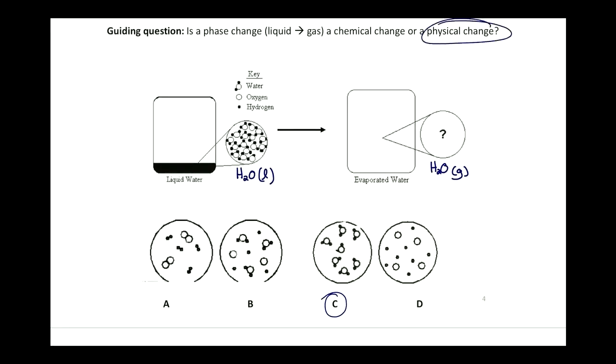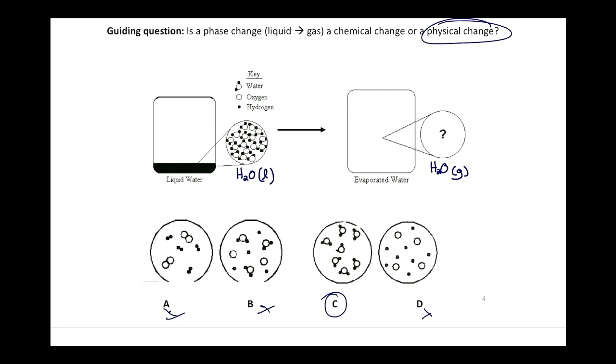It's a physical change. So do I change the identity? Do I break any bonds? Do I make any bonds? No. So that's why A, B, and D are wrong, because those are actually chemical changes. You have to break bonds, at least some of the bonds, to make these different diagrams. We want water, the identity of water, to stay the exact same.